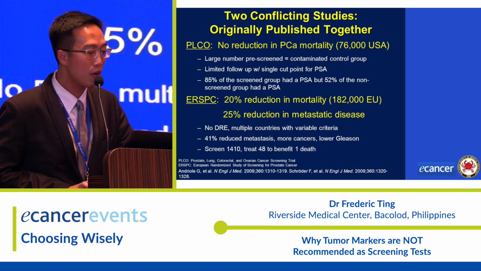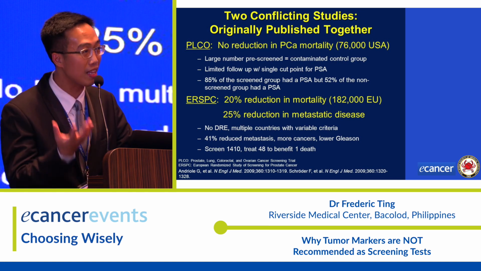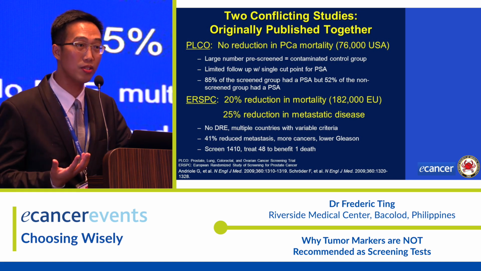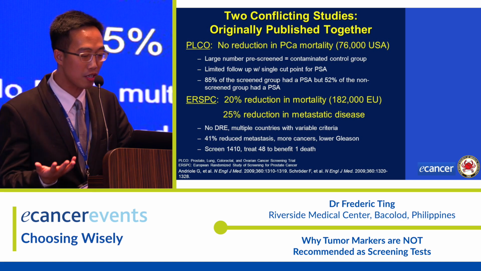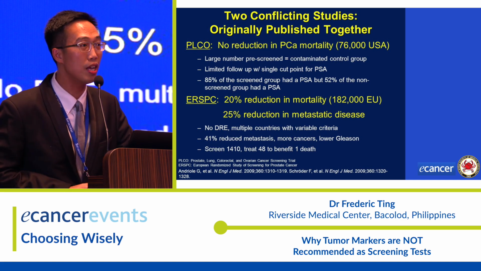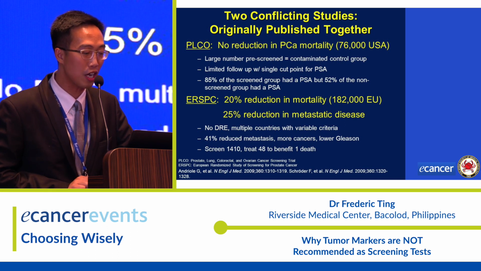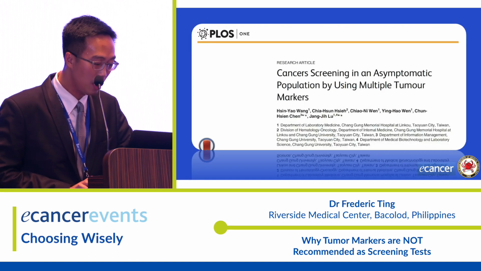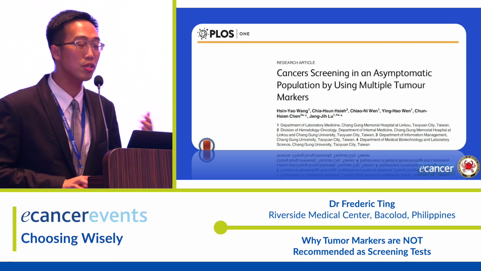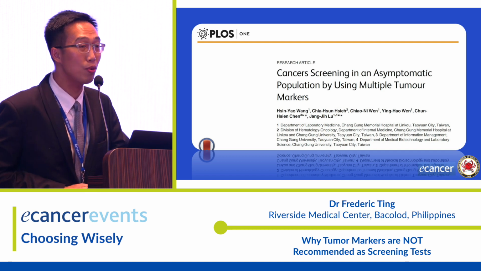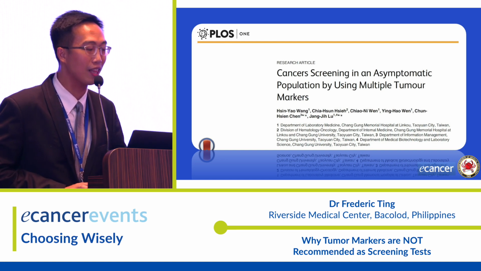So how about if we combine different tumor markers, and not just one, but we get all tumor markers for patients without symptoms, and see which one we could use. There's actually one study done in China involving patients who were asymptomatic, and they were screened for cancer by using a lot of tumor markers.